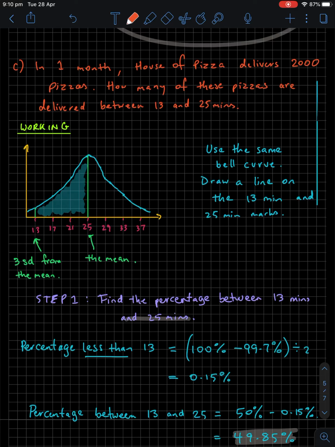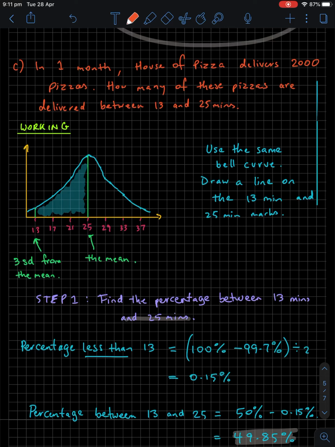When we're dealing with 3 lots of standard deviation, we're dealing with the 99.7 rule. So we firstly need to figure out how we're going to use that rule. Our strategy is to realize that this whole section here is 50% of the data, because that's below the 25 mark.